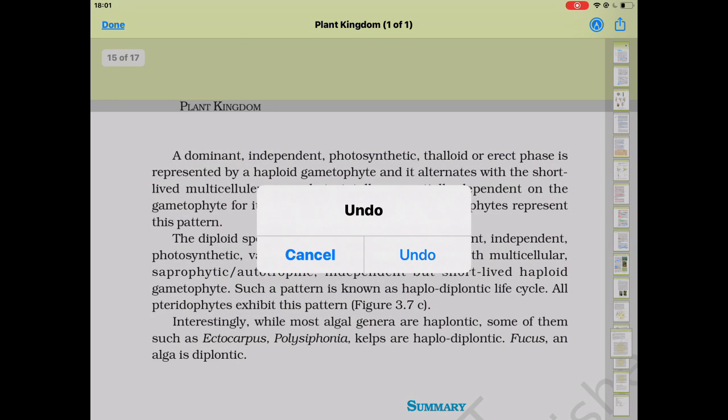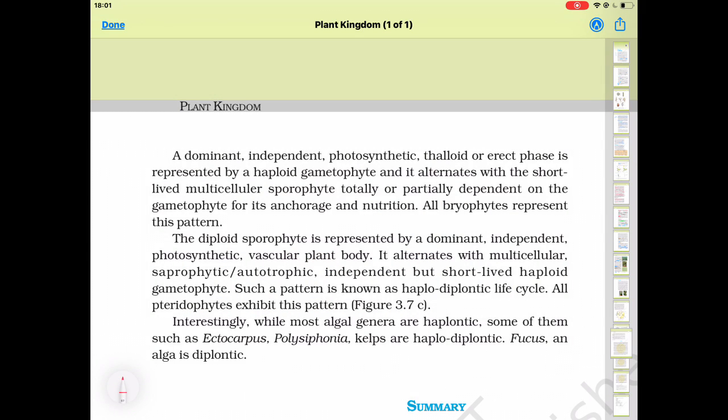A dominant, independent, photosynthetic, thalloid or erect phase is represented by a haploid gametophyte, as in case of bryophytes, and it alternates with a short-lived multicellular sporophyte that is totally or partially dependent on the gametophyte, that we have studied in the case of Funaria.